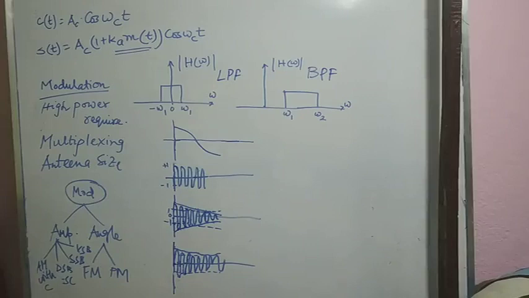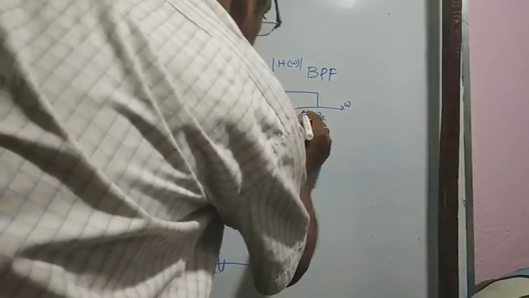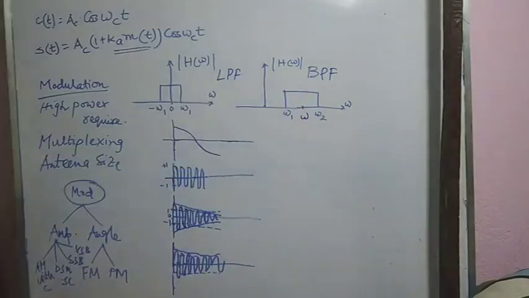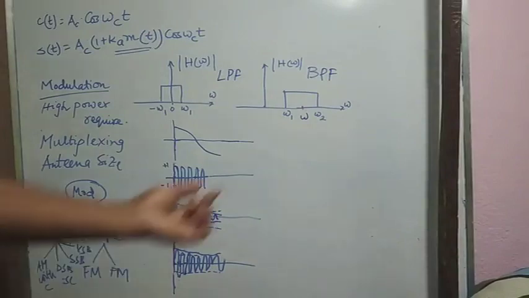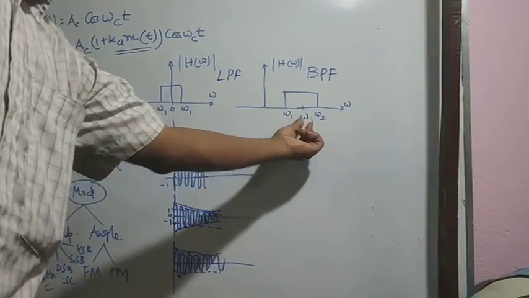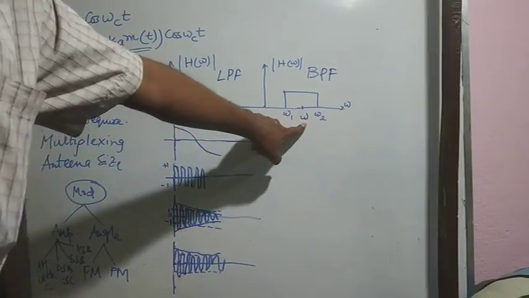Now, where will we use a low pass filter and where a band pass filter? Say I require a signal centered around a particular frequency, omega. Then we use a band pass filter to pass the signal centered at omega.